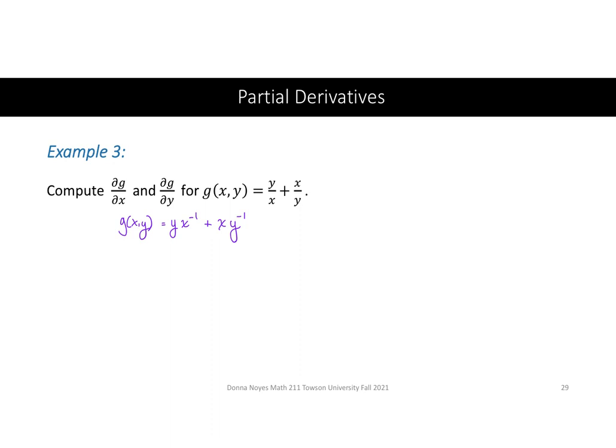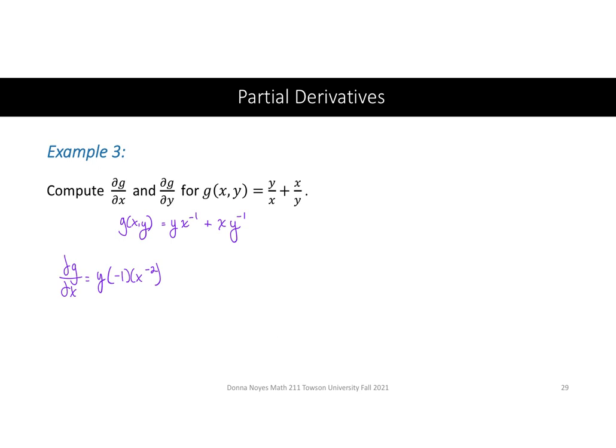So let's start with del g del x. Well, if we take the derivative of y times x to the minus 1, y is considered a constant like 2 or 5. So y is just along for the ride. And now the derivative of x to the minus 1 is going to be negative 1 times x to the minus 2. So that's the first term.